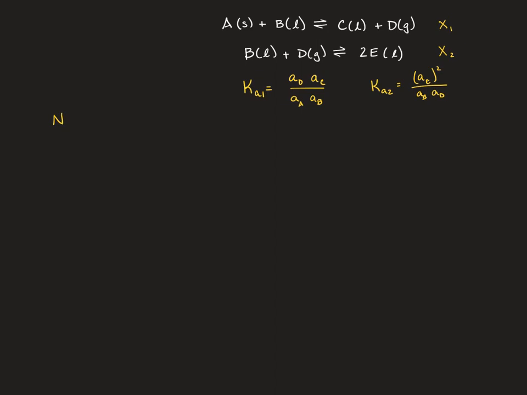The number of moles I would have of each species in terms of extent of reaction, well, for species A, it said that we feed 2 moles of A, and it disappears in reaction 1 as minus X1. B started with 1 mole and disappears in reaction 1 and in reaction 2.